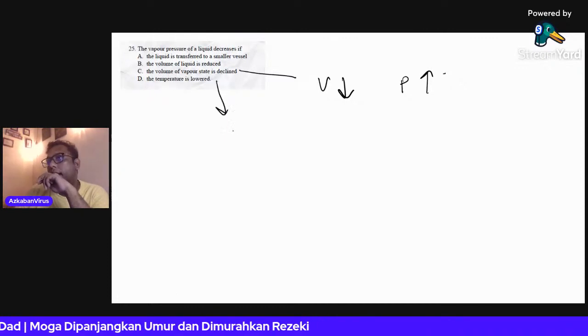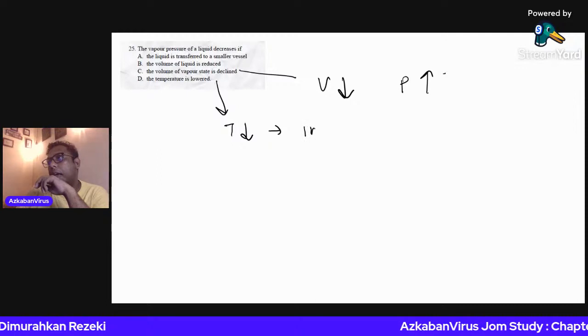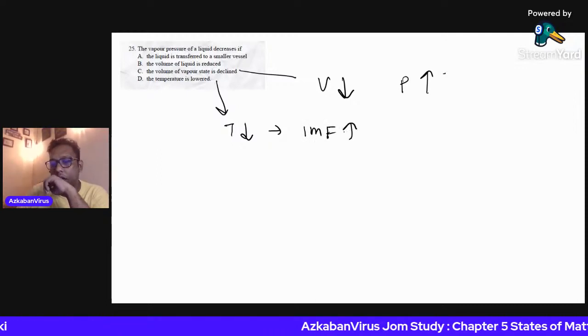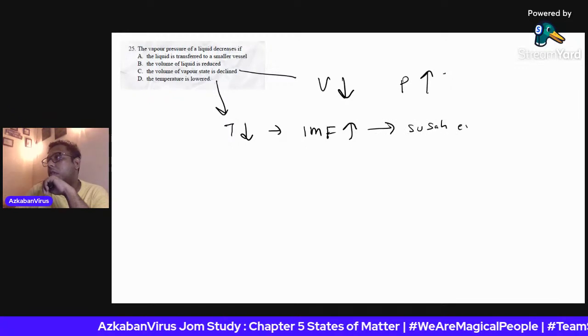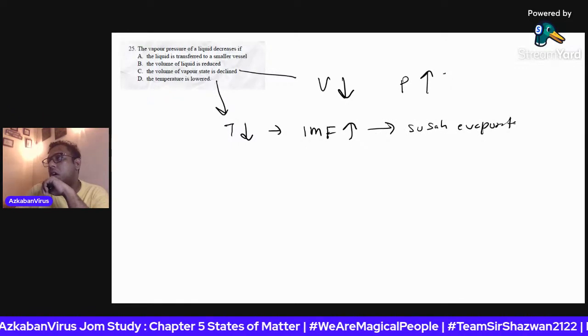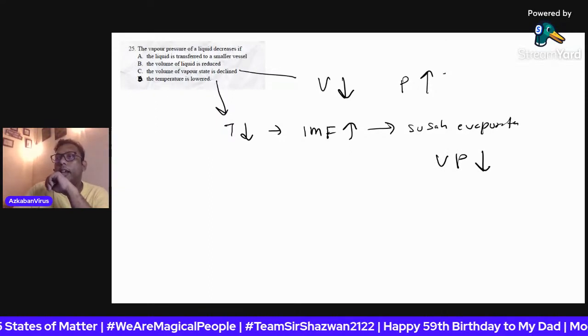Temperature direndahkan, bermaksud IMF dia lagi strong. Okay, so susah untuk evaporate. Menyebabkan vapor pressure pun akan jatuh. Jawapan dia adalah D.